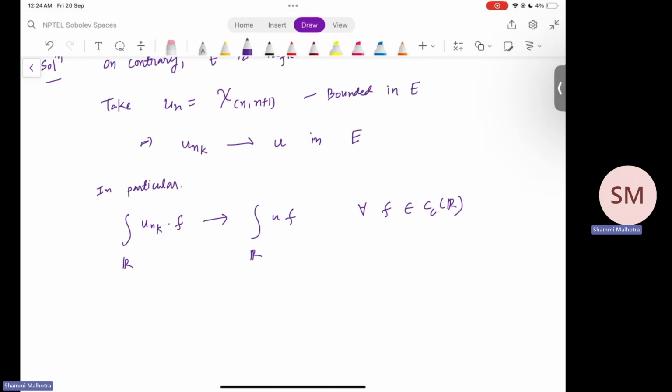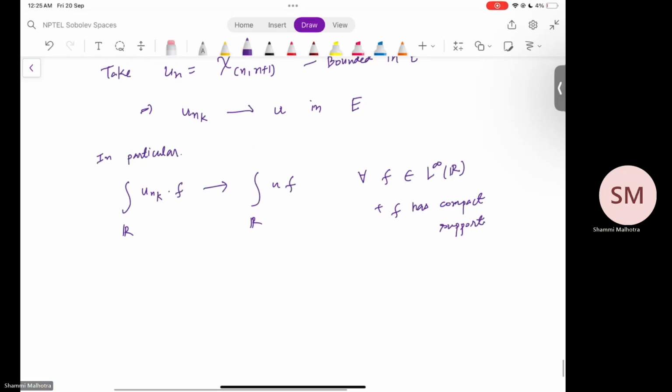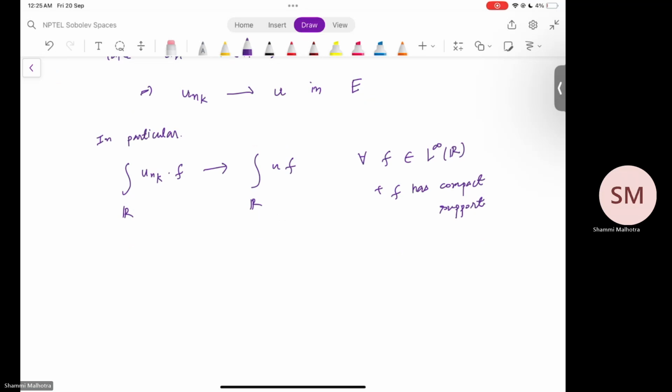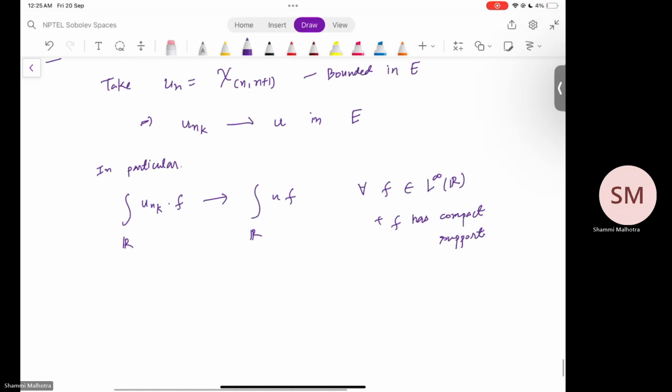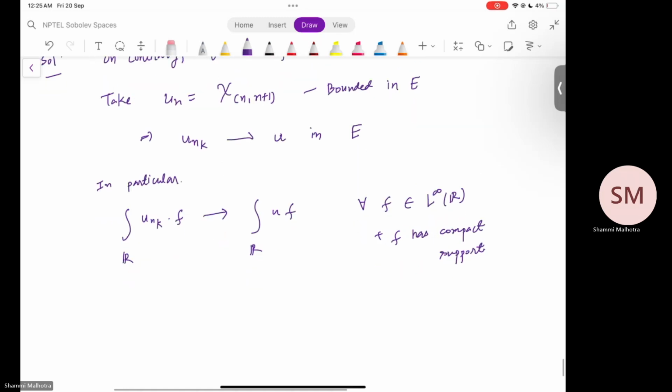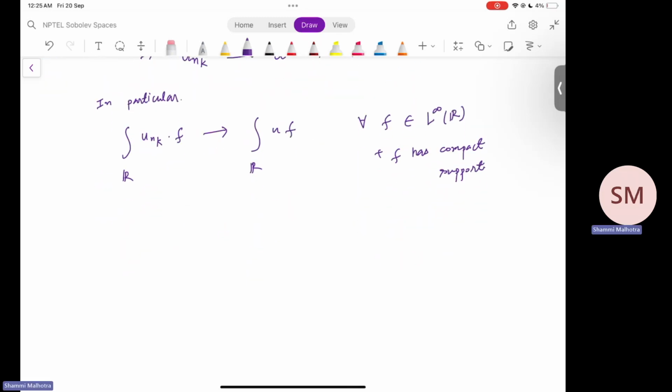I can say this holds for all L infinity functions f that have compact support. But I know that these unk have supports which are tending towards infinity.